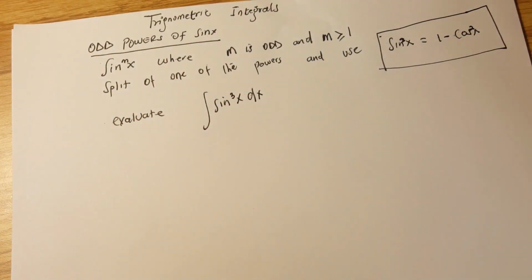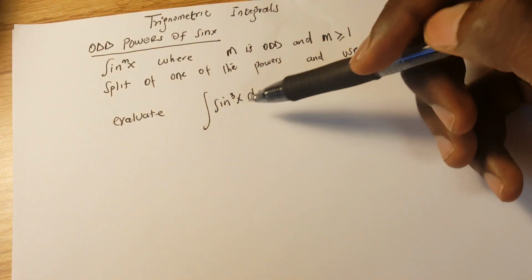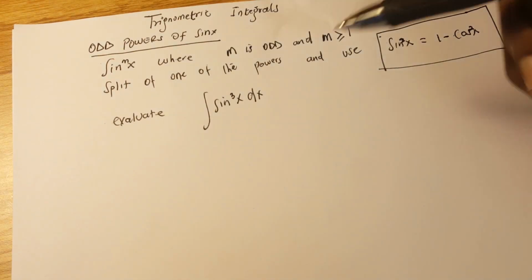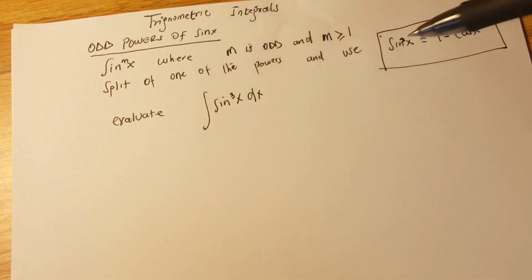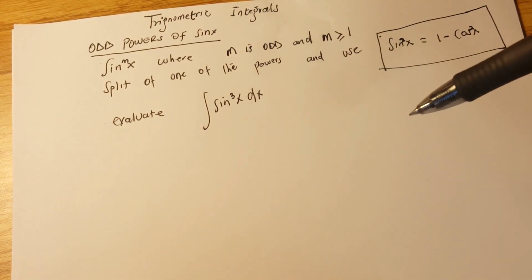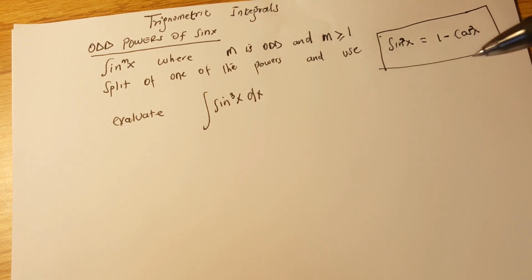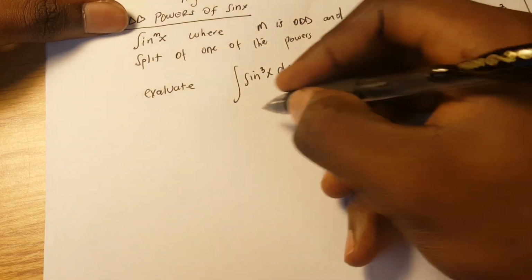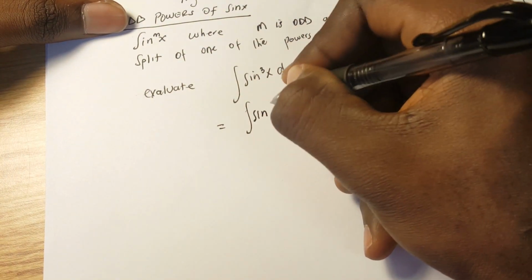The first thing which should come into our mind is we look at the powers. The power here is 3, which is greater than or equal to 1, and 3 is odd. What does the rule say? Split off one of the powers, and use this trigonometric equation. So we're going to split off one of the powers.